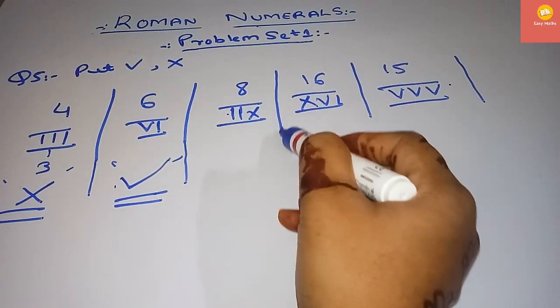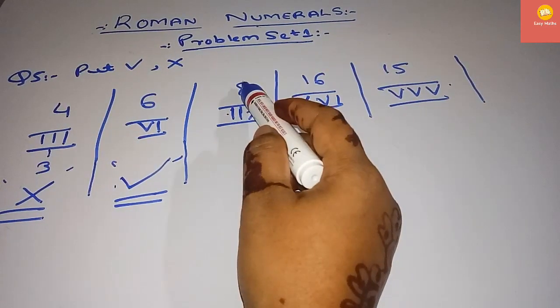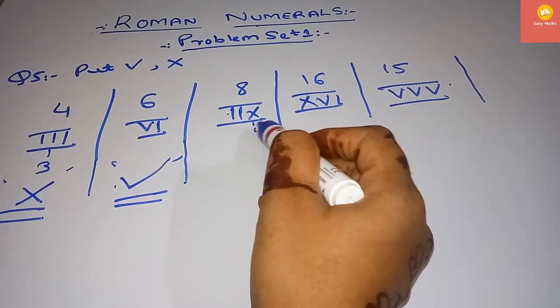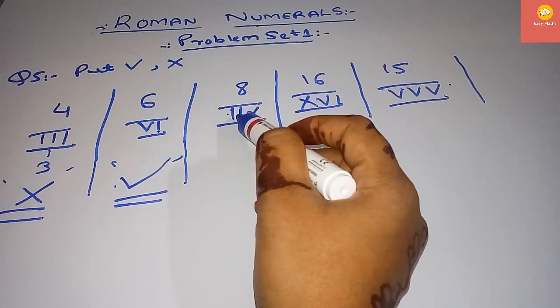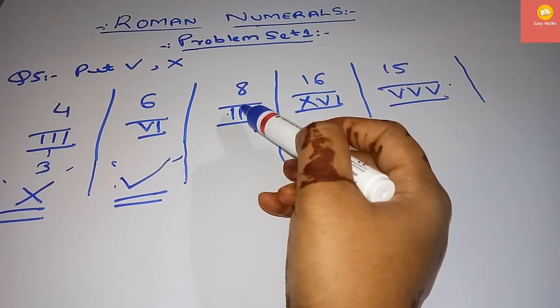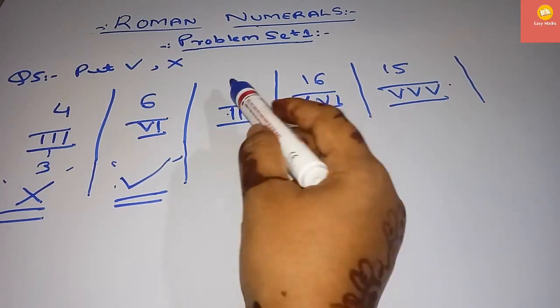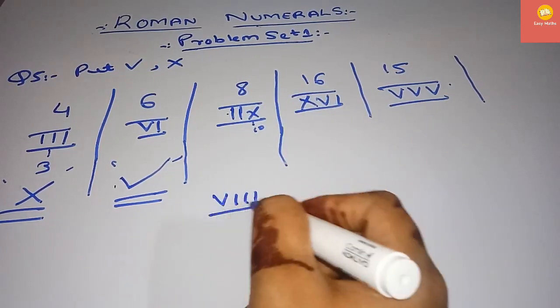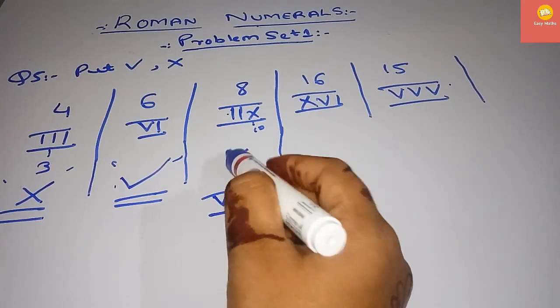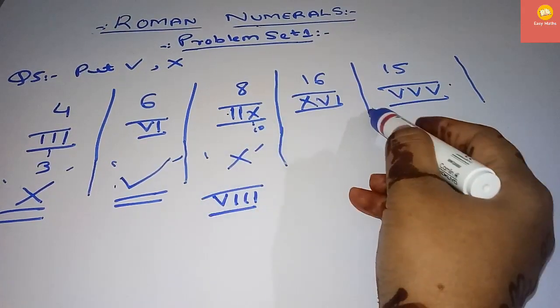Now third one. They have provided 8. This is nothing but 10 and this is 2. 10 minus 2. This is wrong. Why wrong? Because how to write 8? 5, 6, 7, 8. This is how we write 8. So this is wrong.